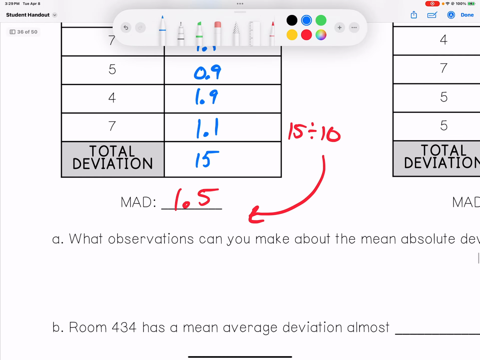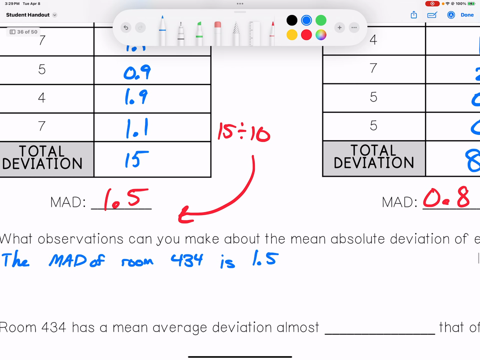So the MAD of room 434 is 1.5, okay? While the MAD of room 425 is 0.8.